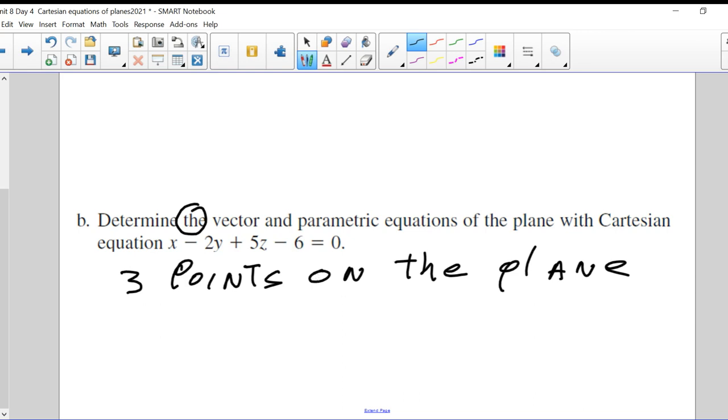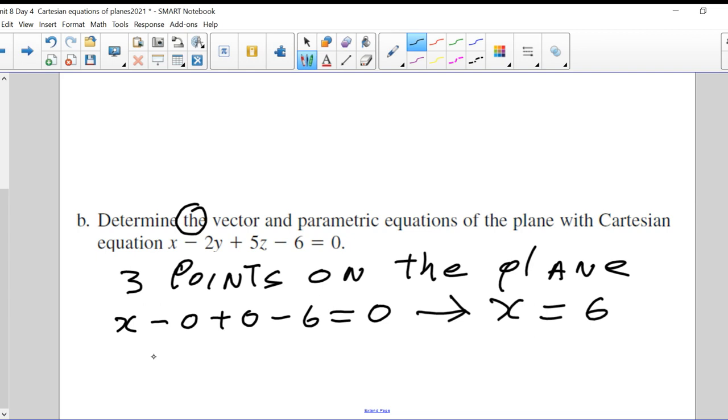If I put 0 in for the y and for the z, I'd end up with x minus 0 plus 0 minus 6 equals 0, right? So that means x is equal to 6, and one point on the plane, we'll call this point A, would be 6, 0, 0.